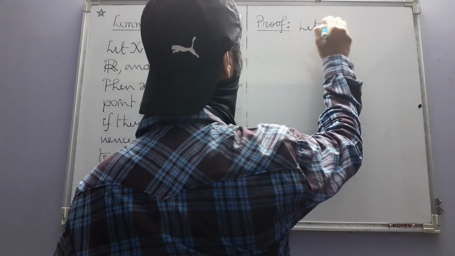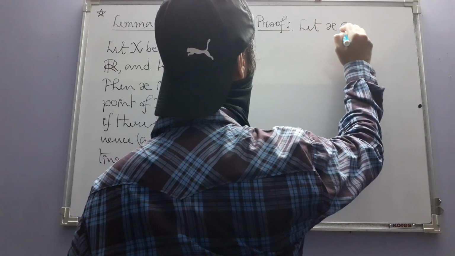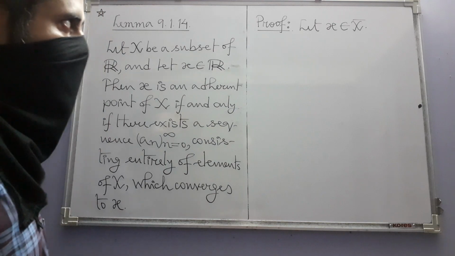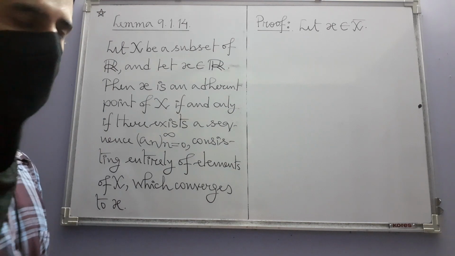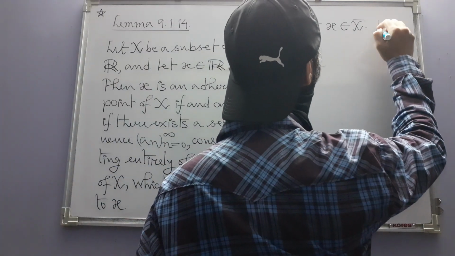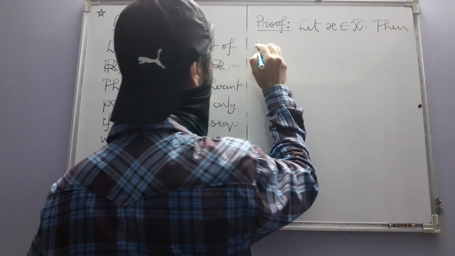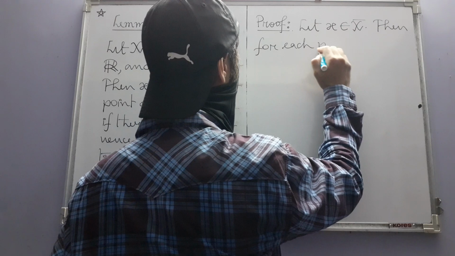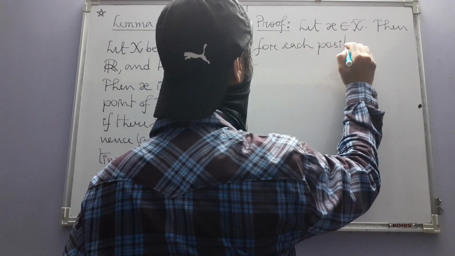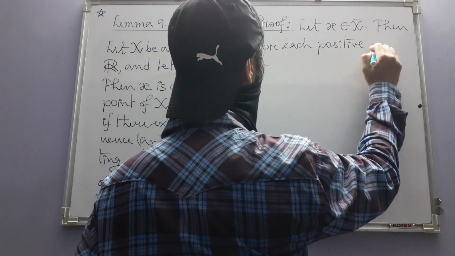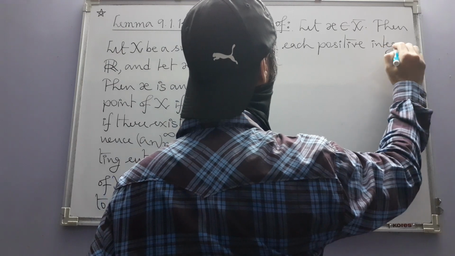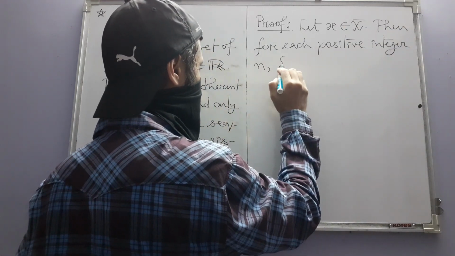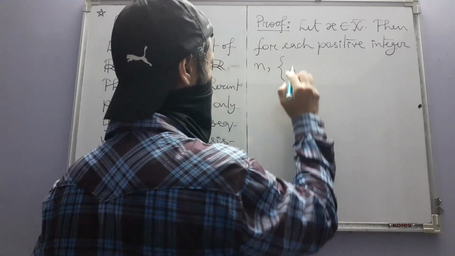So let x be an adherent point of X. In other words, let x belong to the closure of X. Then for each positive integer n, this set is non-empty.